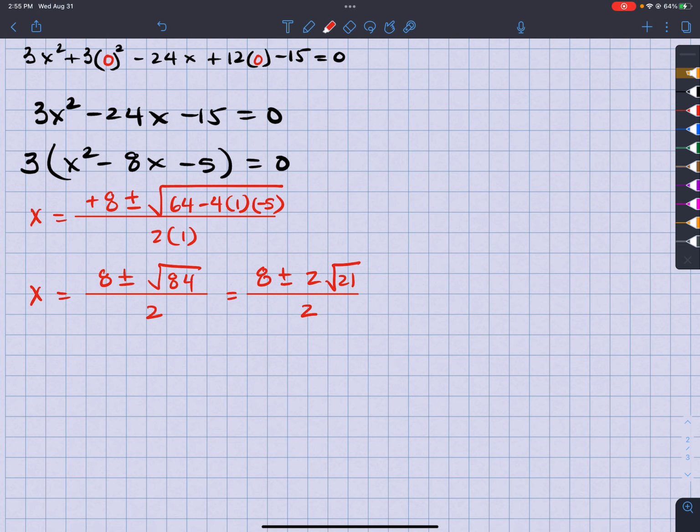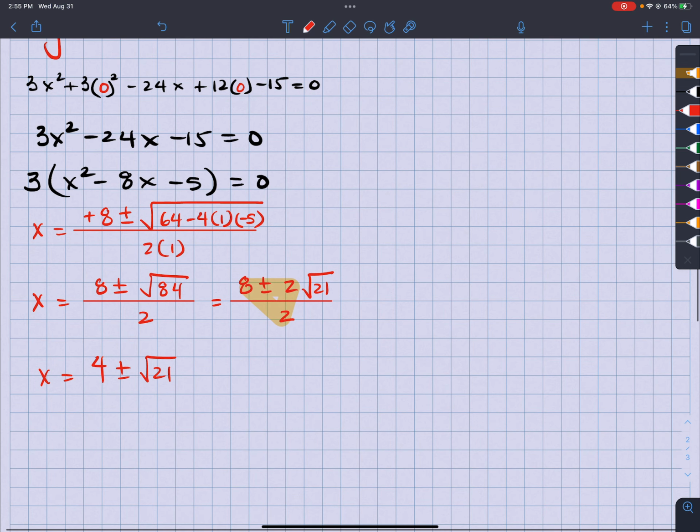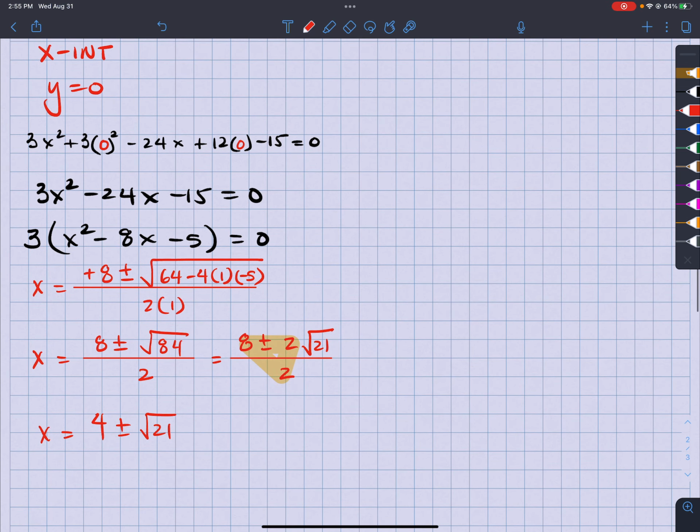So x is actually equal to 4 plus or minus square root of 21. Okay, so I can't box that. So that is my x value when the y value is 0.